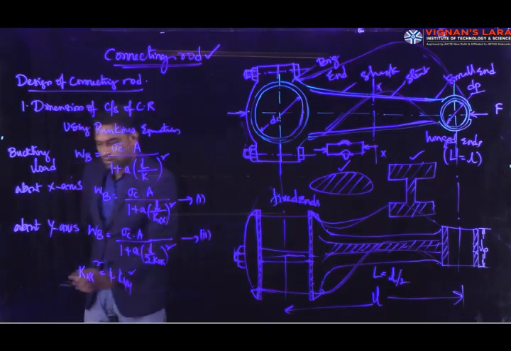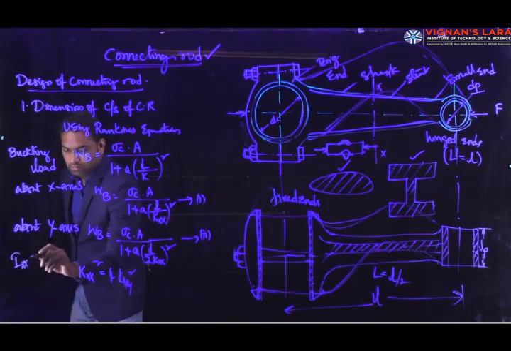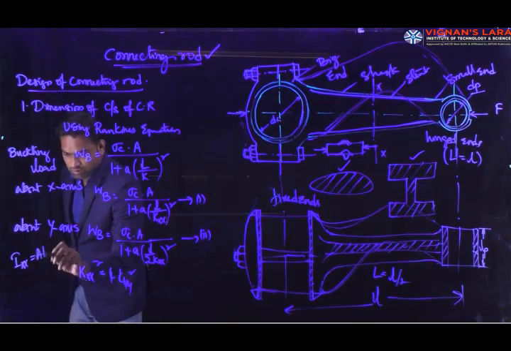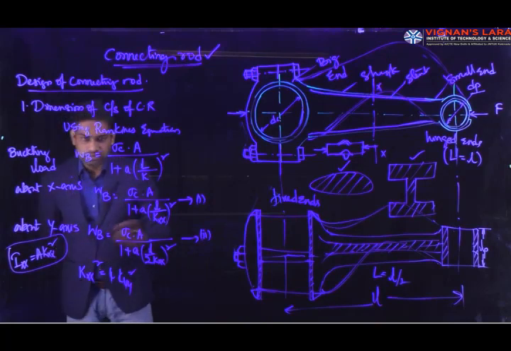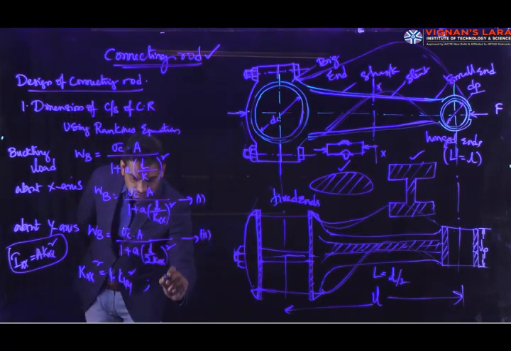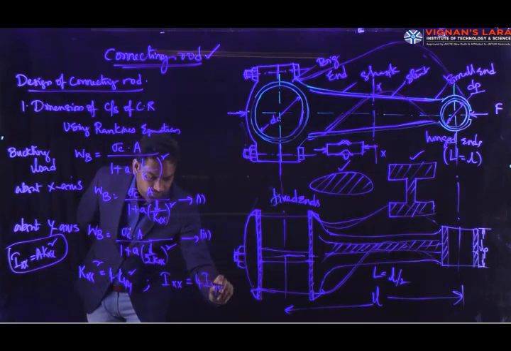We know that the moment of inertia I equals ak square, so I can write Ixx equal to a into kxx whole square, about the x-axis. Using that, this equation can also be written as Ixx equal to 4 times Iyy.